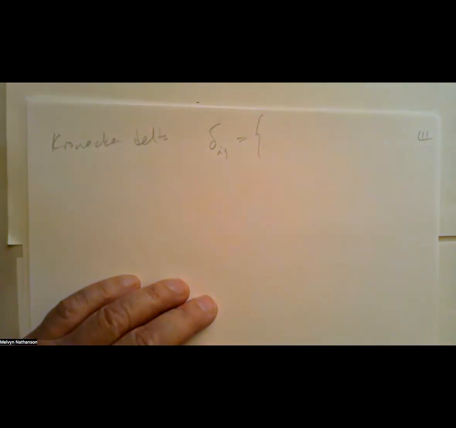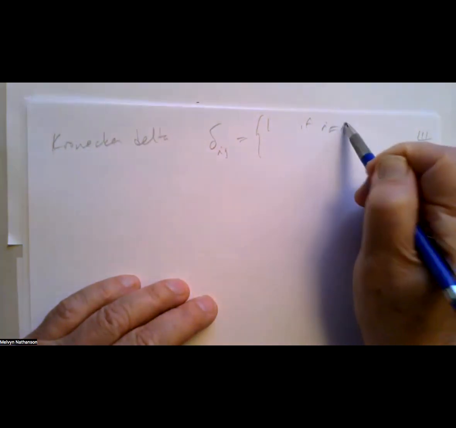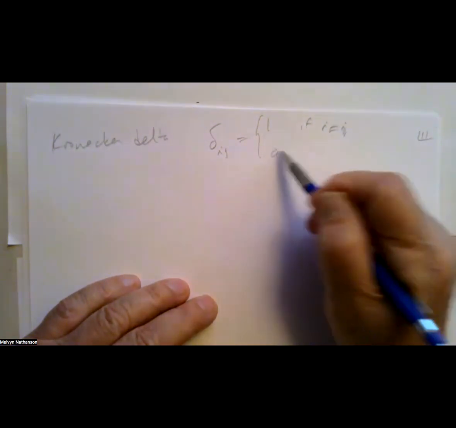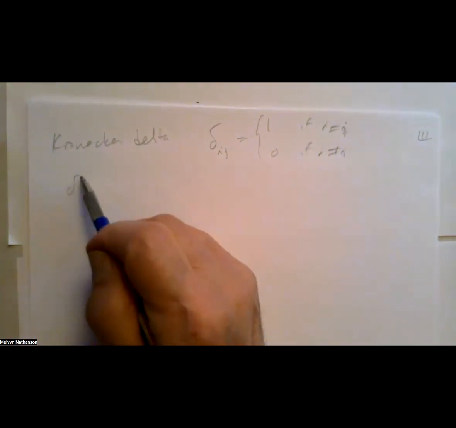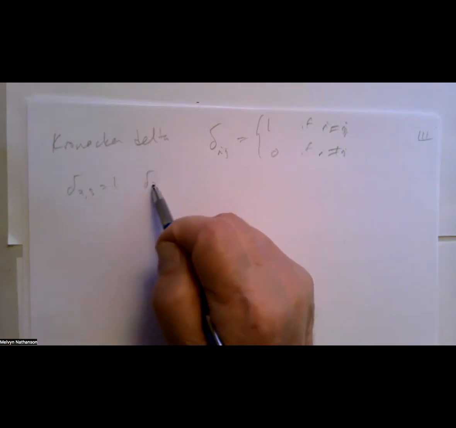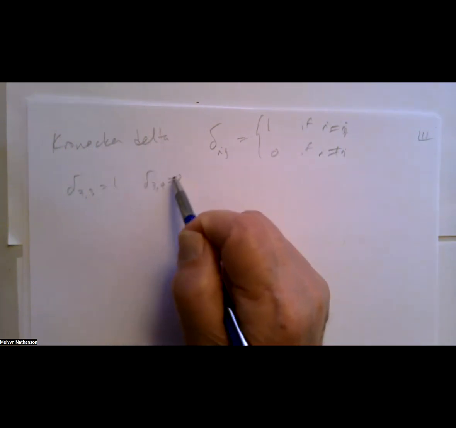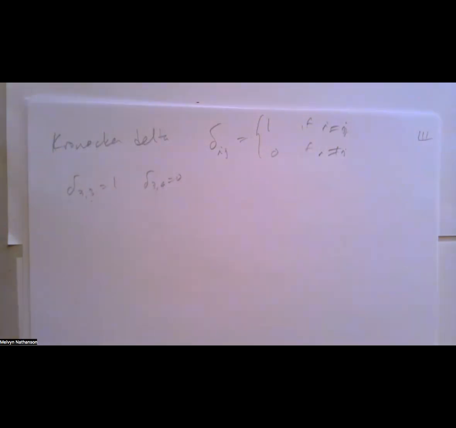We define delta ij to be equal to 1 if i is equal to j, and 0 if i is different from j. So for example, delta 3,3 is 1, but delta 3,4 is 0, because here the two subscripts are the same, and here the two subscripts are different. That's the Kronecker delta.